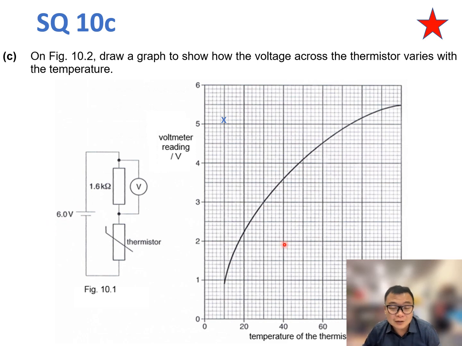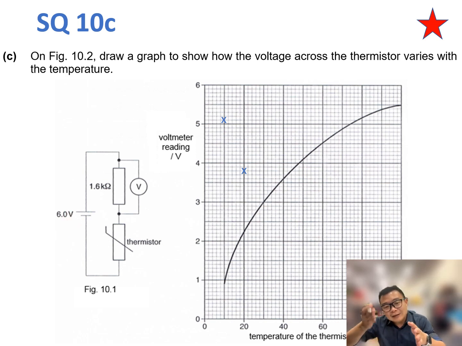Let's try again for one more coordinate. If you look over here at 20 degrees Celsius, the voltage of the resistor is roughly 2.2 volts over here. So 2.2 volts plus something must give me 6 volts. So therefore the balance is 3.8 volts, the voltage of the thermistor, plus 2.2 volts, which is the voltage of the resistor, add together will give me 6 volts.